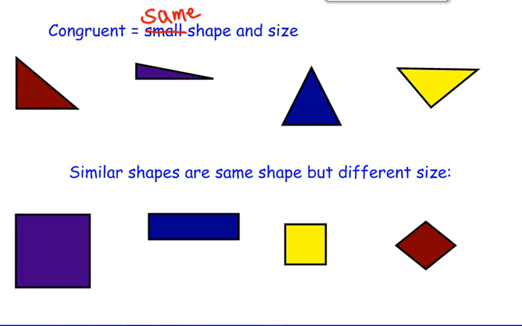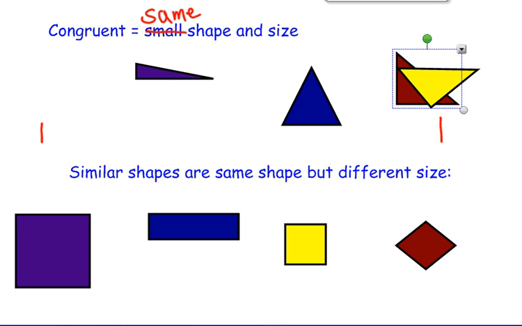Same shape, same size. And hopefully you said that these two are the same. And if you don't believe me, we can pull that over here. We can turn the angle a little bit. They overlap each other, and so that would make them congruent. All right? So there's our congruent example.